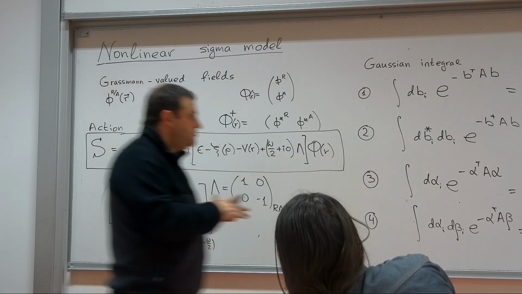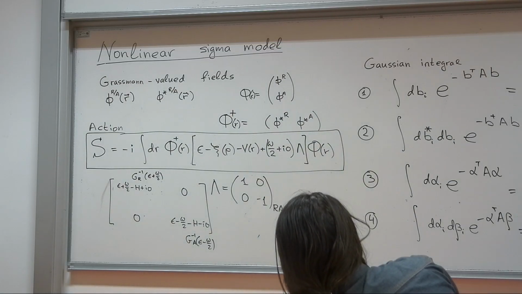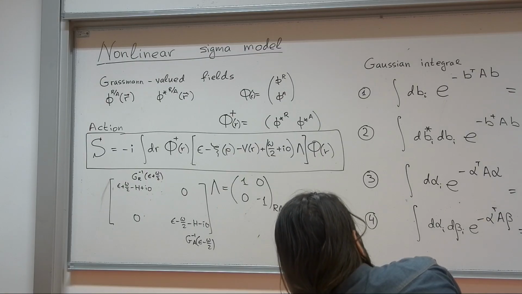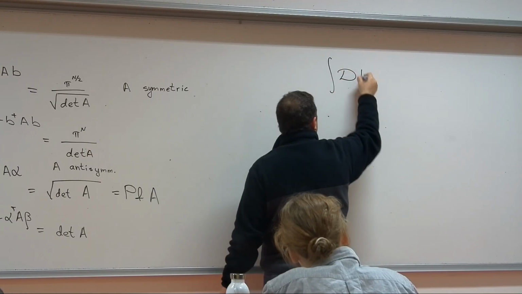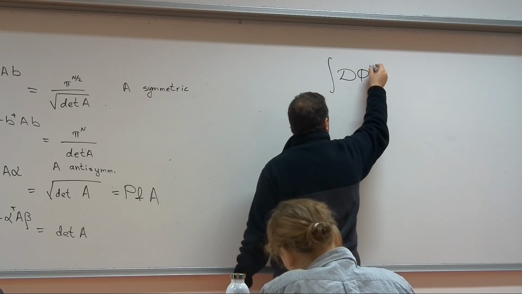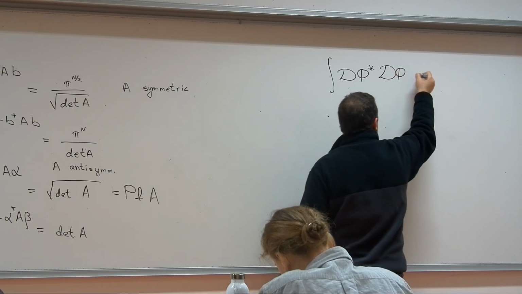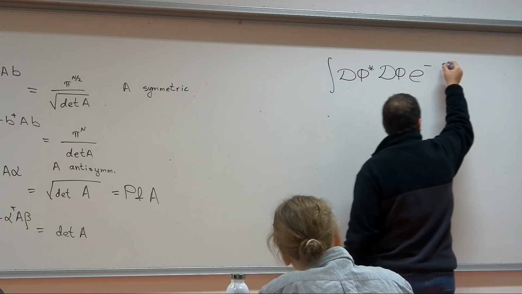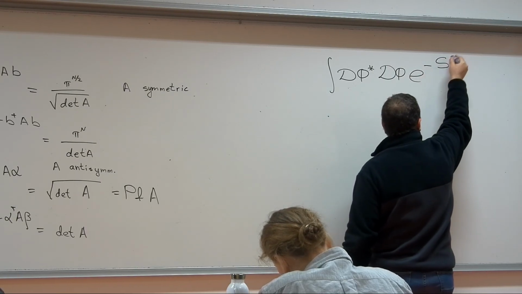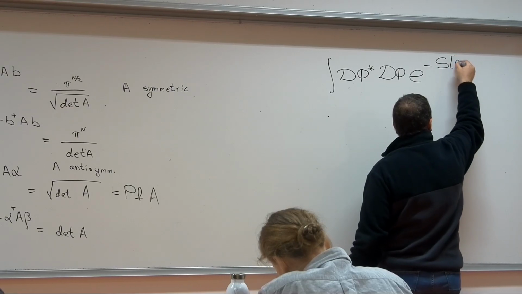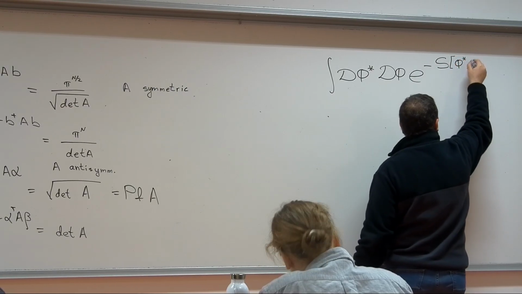So what will happen if I, for some stupid reason, compute an integral over all my fields, phi star and phi, of the exponent with minus the action? The action depends on phi star and phi.